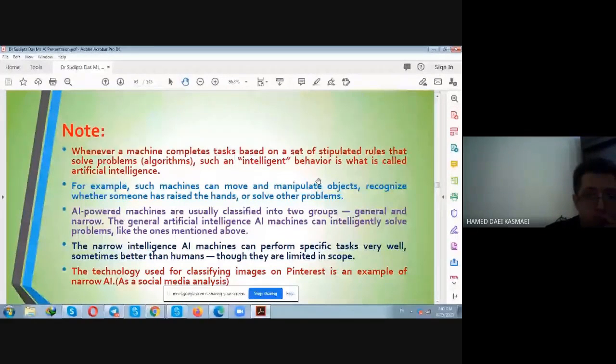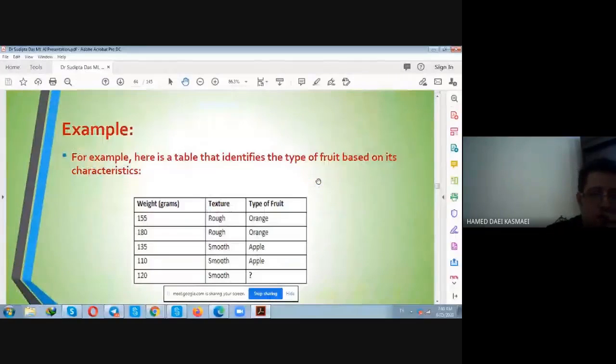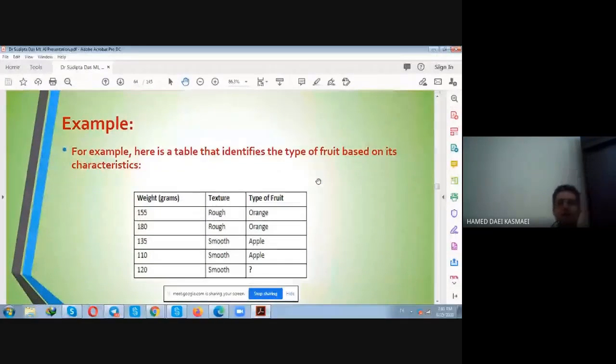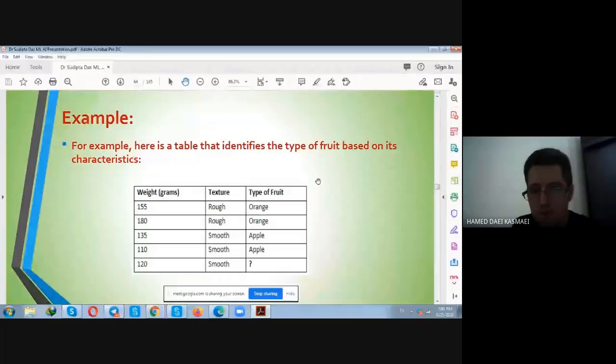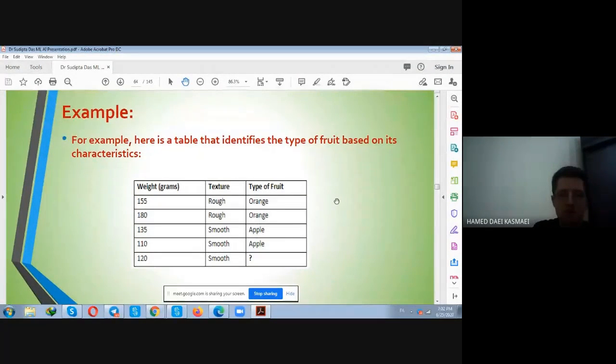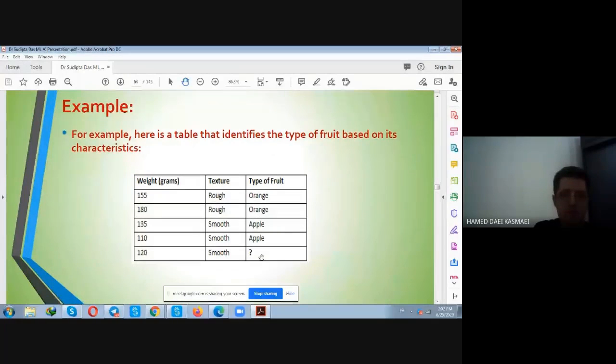Okay, you will see an example here. Here is a table that identifies the type of fruit based on its characteristics. You will see the weights of the fruits, the texture, rough or smooth, and the type of fruit, orange or apple, and for the last one it is unknown.